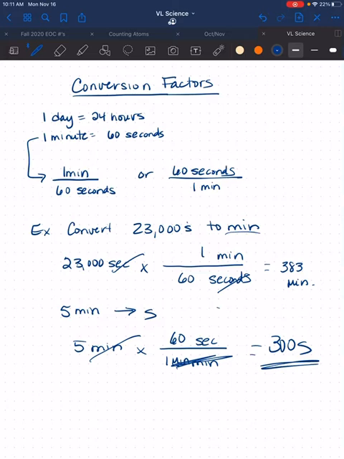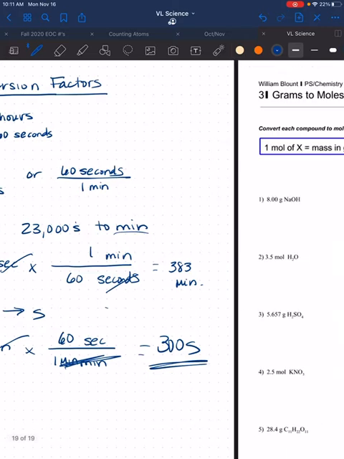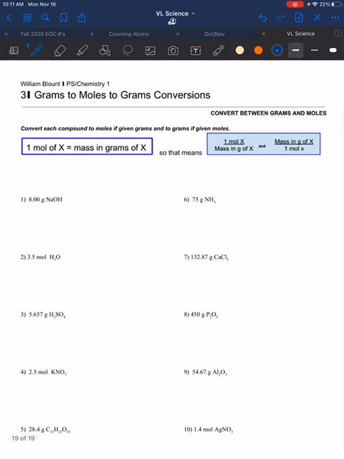Now, how does that come into play for moles to grams and grams to moles? Well, you've been calculating molar mass of a substance. And our equivalent statement here is that if I have 1 mole of a substance, that is equal to its mass in grams, or molar mass.